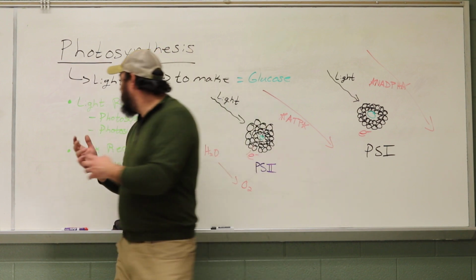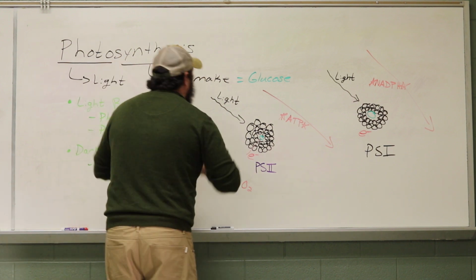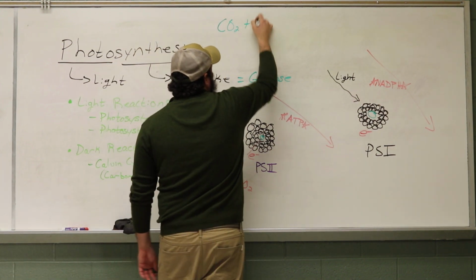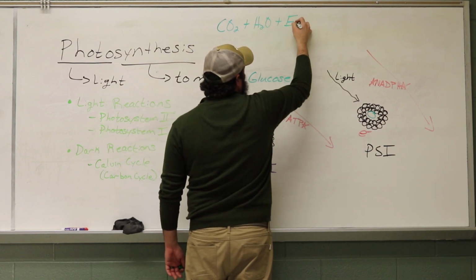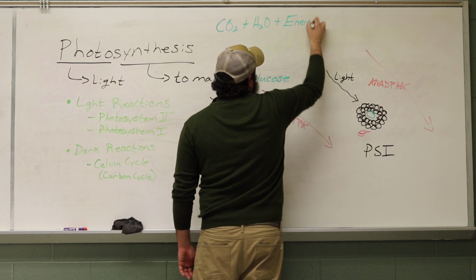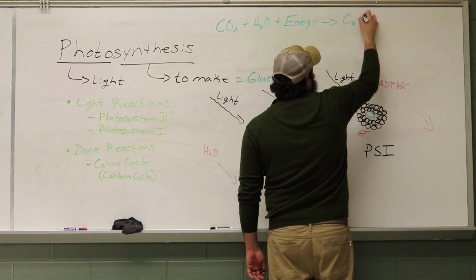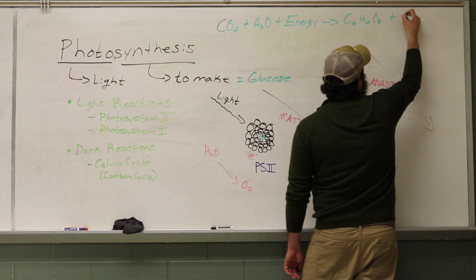And if you look, remember the formula that we had up here a while ago, I'll rewrite it for you. Again, carbon dioxide plus H2O, or water, plus we're just going to put energy here. Yields C6H12O6, which is glucose, plus oxygen.